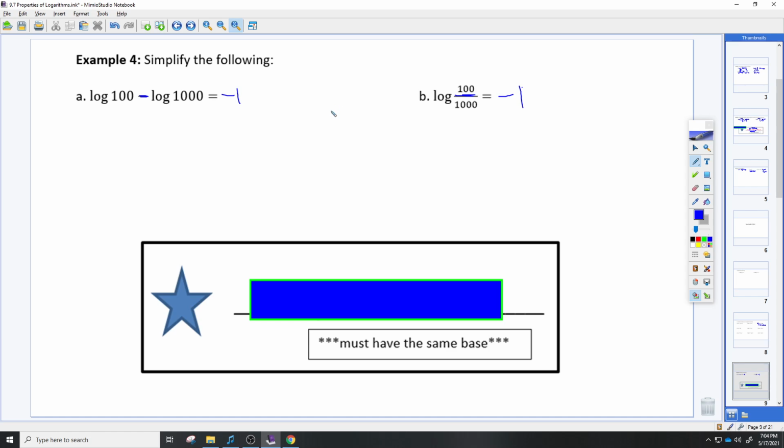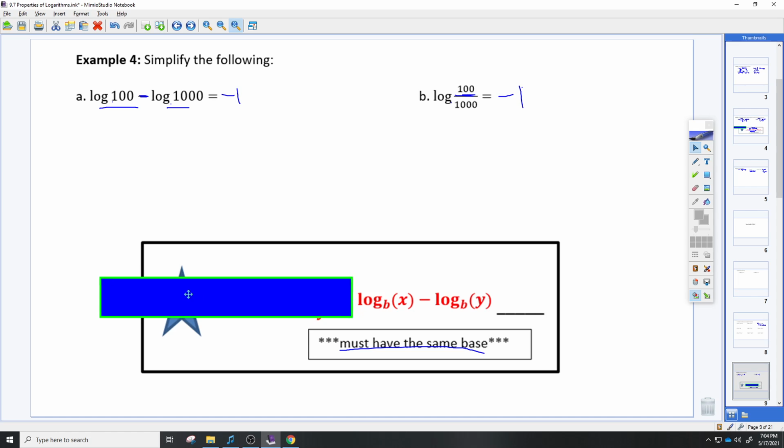So this is the second property. If you have subtraction between the two logs and they have the same base, remember these all have base 10 because you don't see them, and it also says down here, must have the same base, then you can just change subtraction to division. You make it into a fraction. So this is what we started with: log base b of x minus log base b of y. Doesn't matter what these two numbers are, or letters.